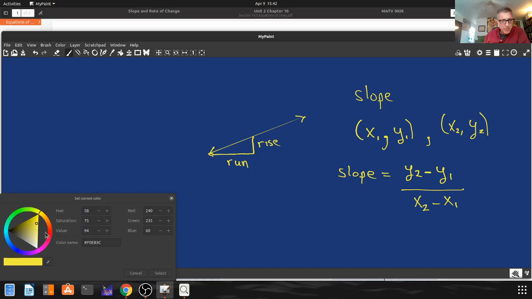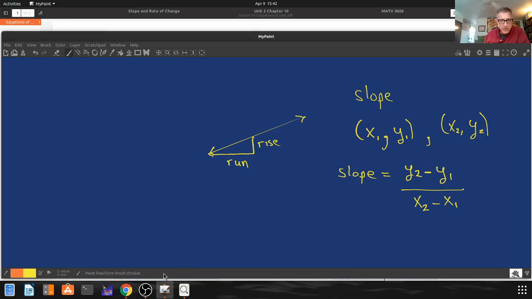The thing that we wanted to remind you is that these negative signs right here are inherent in the equation. That means if y1 is negative or if x1 is negative, they have to bring their negative sign with them. They can't use the one that's already there.